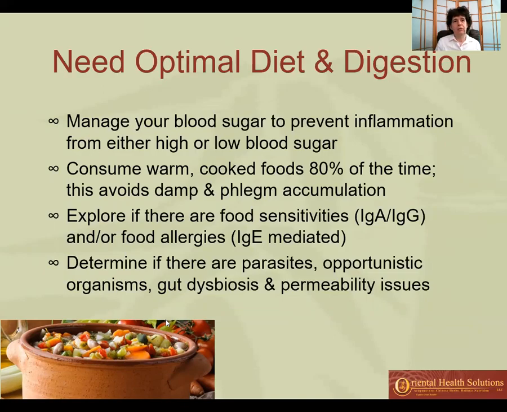So if you keep your digestive tract warm, all the digestive juices are flowing better, and you have better nutrient absorption, and you will not have as much damp and phlegm.